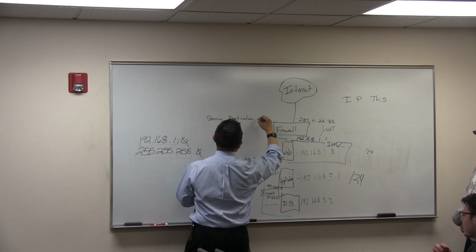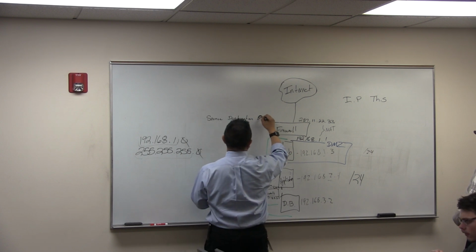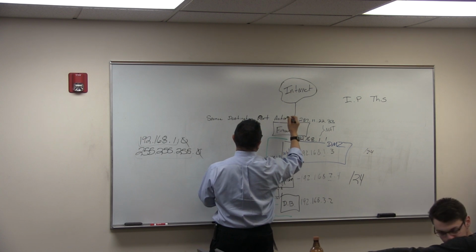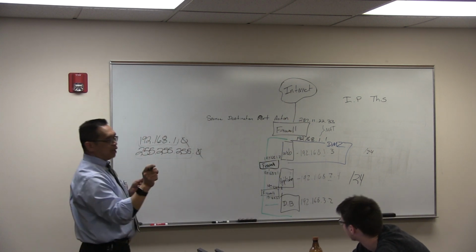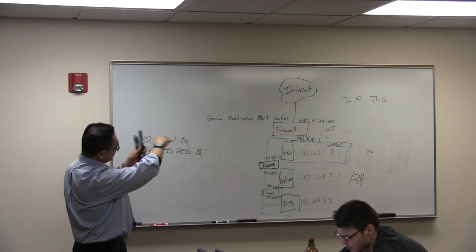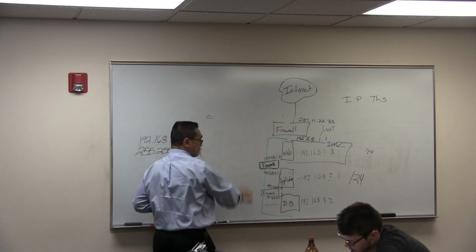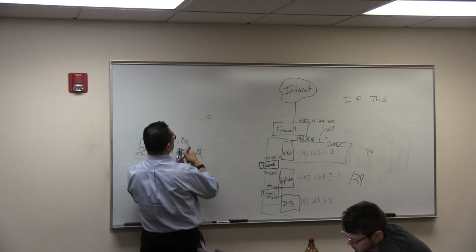Allow anything at the end of the packet that's related to the report. My drawing is a little bit off here, so maybe I should move this. Any packet that has any sort of Amazon information on it, let it through the firewall.